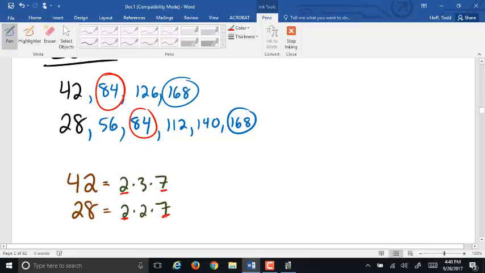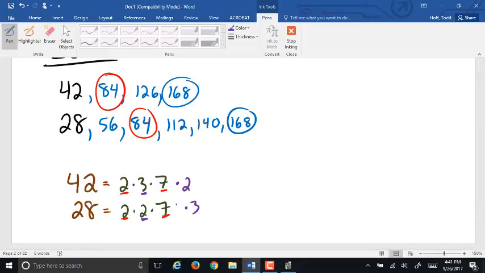They both have a 7. They also both have pieces missing. The top one has a 3, the bottom one does not. So we're going to multiply the bottom one by 3. What does the bottom one have that the top does not? A 2. So we're going to multiply the top one by 2. It's the piece that it's missing that tells us what we have to multiply it by.